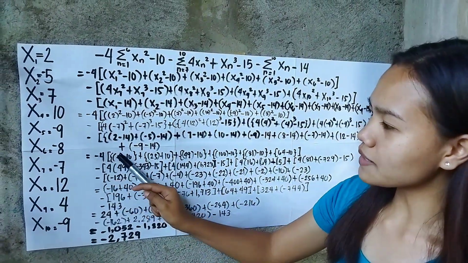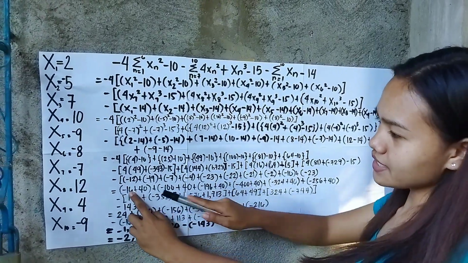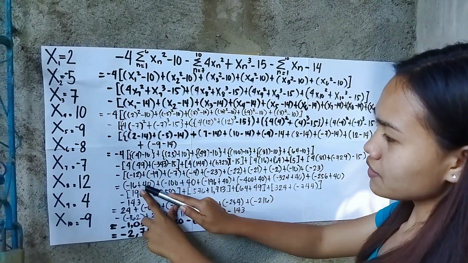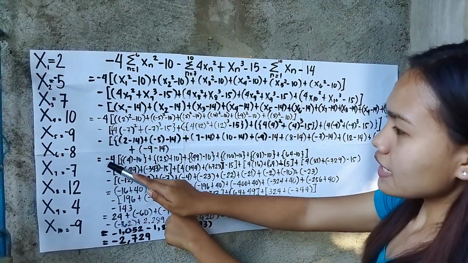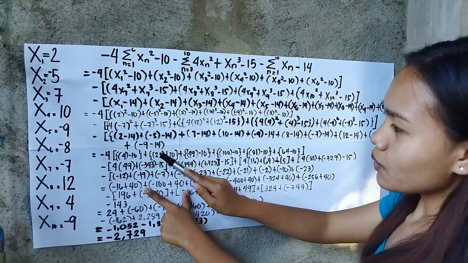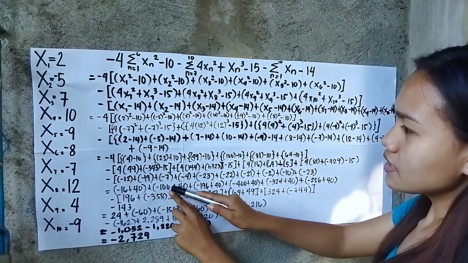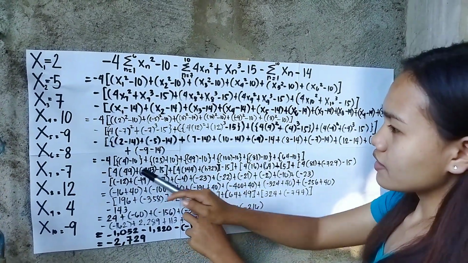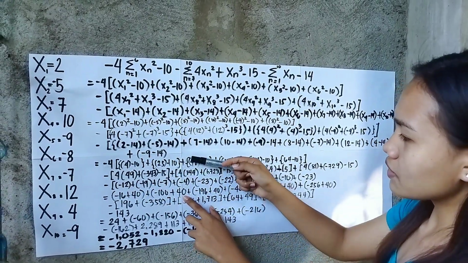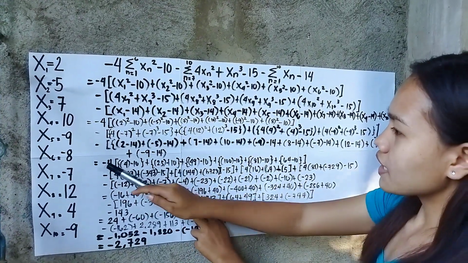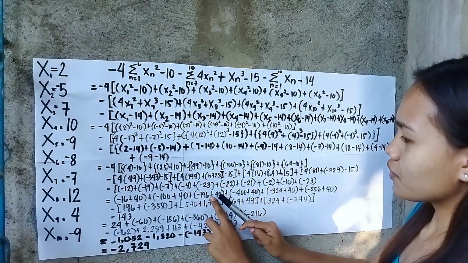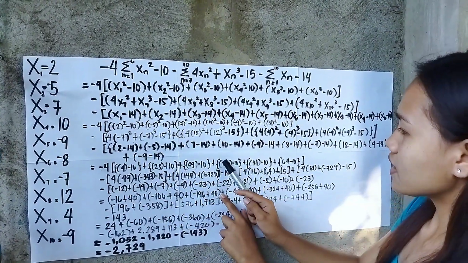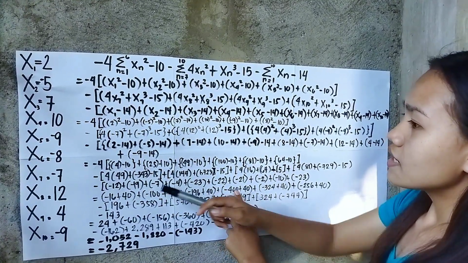Negative 4 times 4 equals negative 16. Negative 4 times negative 10 equals positive 40. Plus negative 4 times 25 equals negative 100. Negative 4 times negative 10 equals 40. And negative 4 times 49 equals negative 196. Negative 4 times negative 10 equals positive 40. Plus negative 4 times 100 equals negative 400.